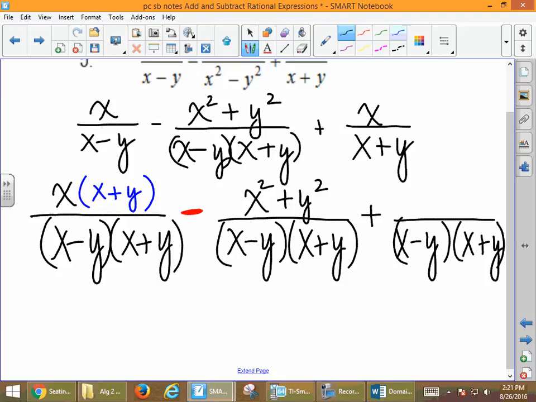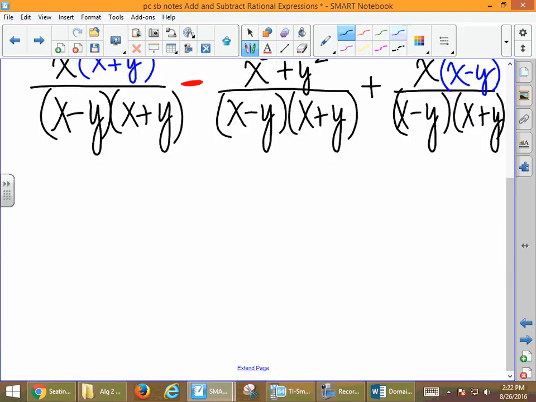But over here on the last fraction, what we put into the denominator, we had an x plus y, so we put into it an x minus y, and there was already an x here.